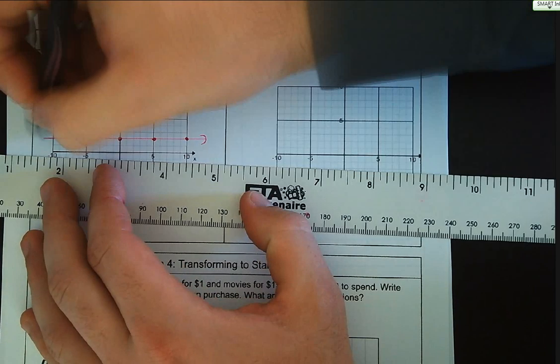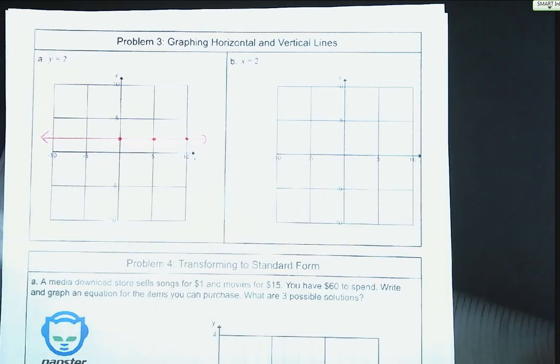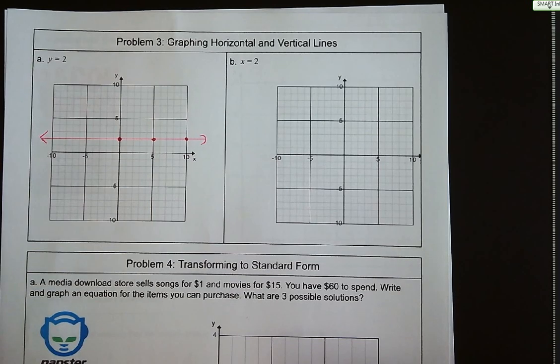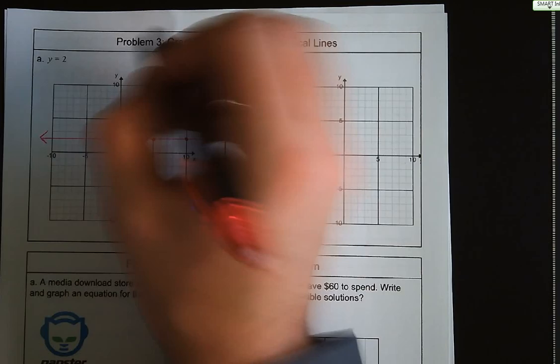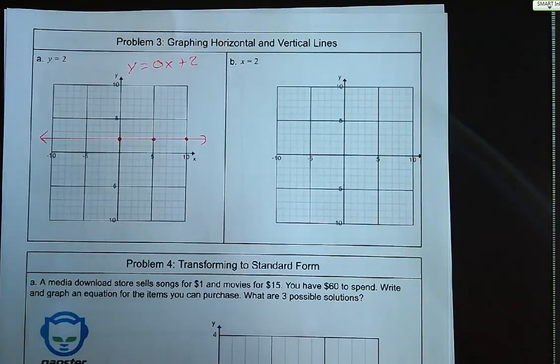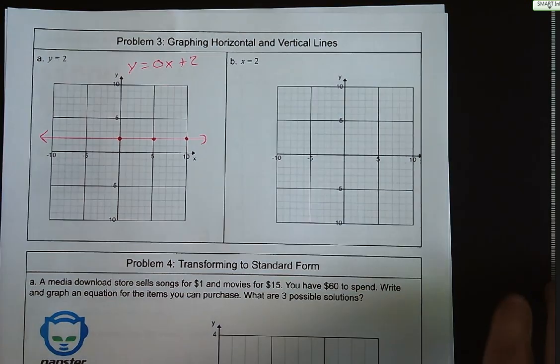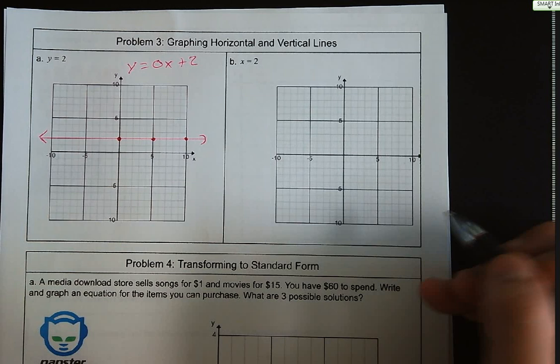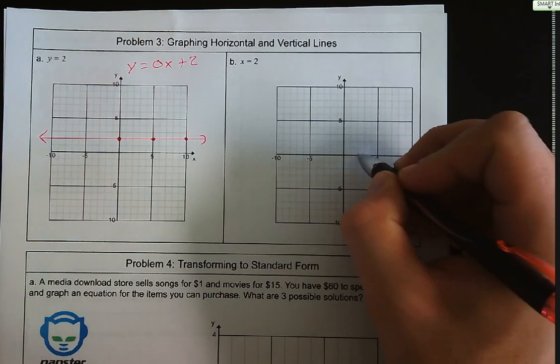If you think about it, that's an equation in slope-intercept form, right? Y is equal to 0 times x plus 2. Our slope is 0. It's a horizontal line. Now a vertical line, x equals 2. No matter what we have for y, x will always be 2. So we put a point at positive 2 on the x-axis.